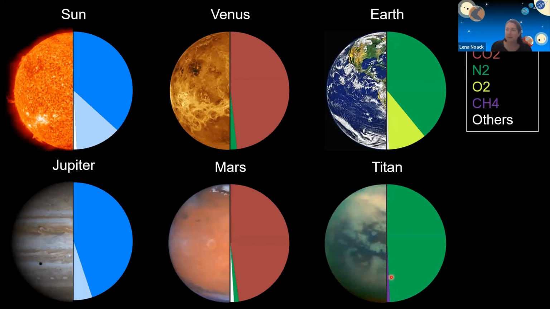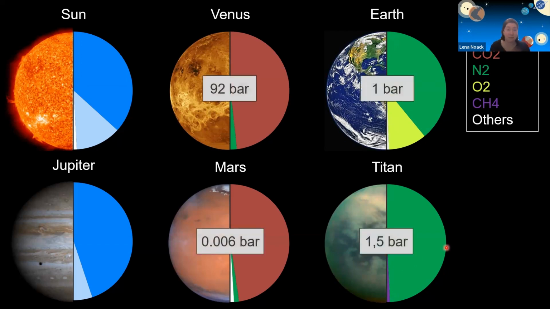And Titan, an icy moon of Saturn, even though it doesn't have oxygen, also has a very nitrogen-rich atmosphere. So it also seems to have some kind of similarity, and that's why often people say that Titan may be like a key in Earth's laboratory to understand what kind of prebiotic chemistry is possible in these kind of atmospheres. The main difference specifically for Mars and Venus is actually the atmospheric pressure.